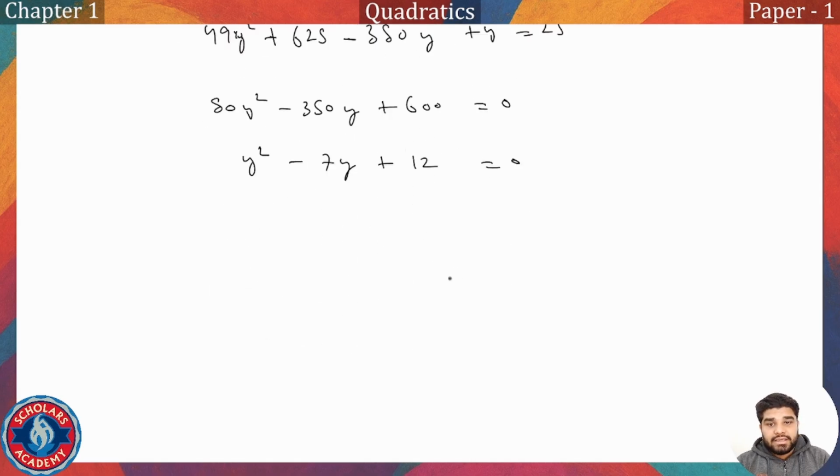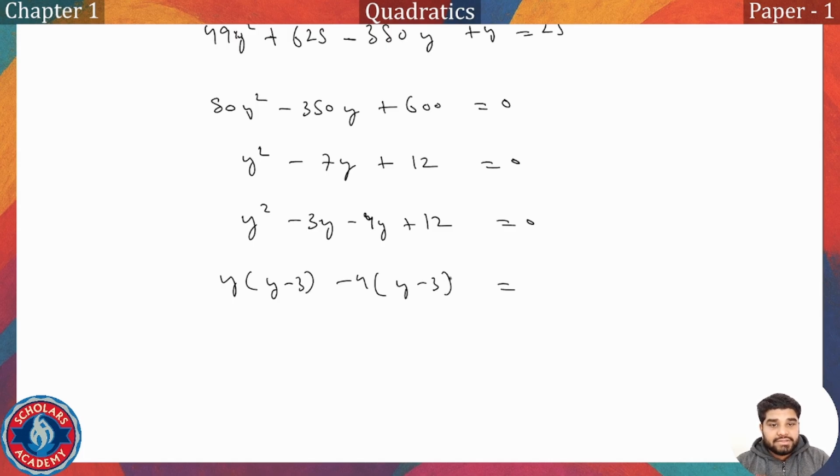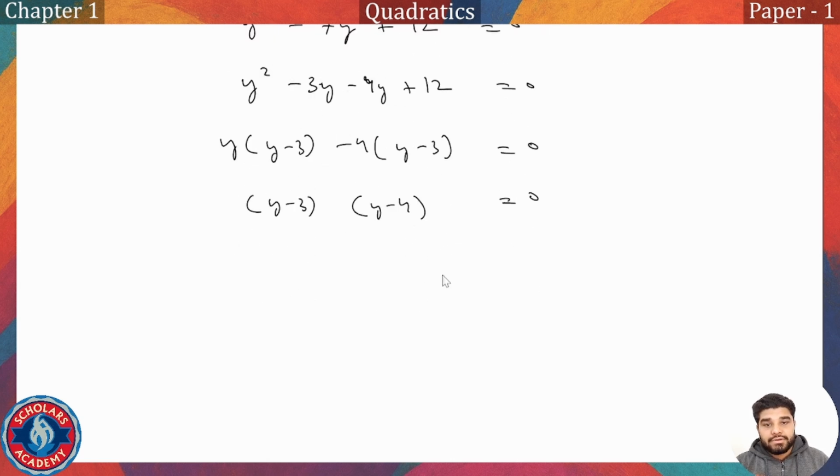This negative 7y can be split into two middle terms, that are negative 3y and negative 4y, plus 12 is equal to 0. We can take y common, y minus 3, minus 4 common, y minus 3 is equal to 0. So y minus 3, y minus 4 is equal to 0. So from here we get y is equal to 3 and y is equal to 4.